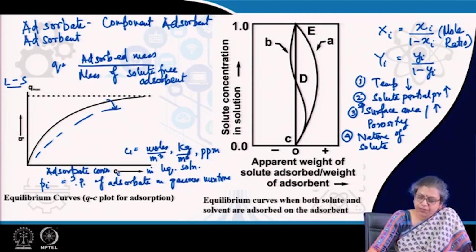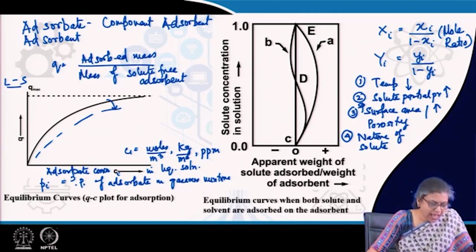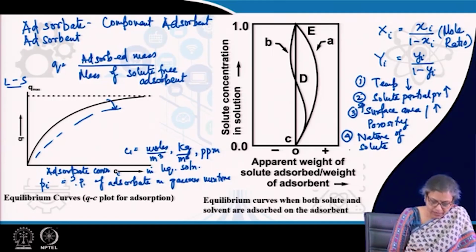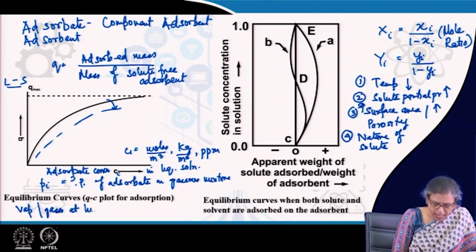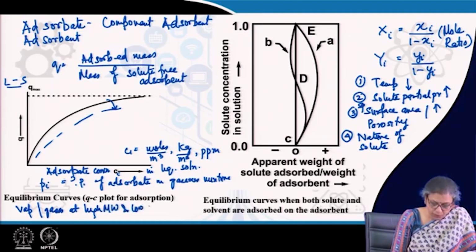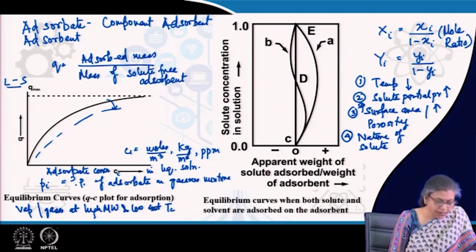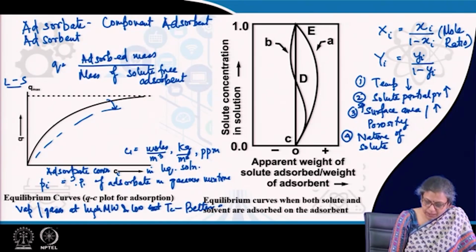We find that vapors or gases with high molecular weight and low critical temperature, or in other words low Tc, are more readily adsorbed, they are better adsorbed.